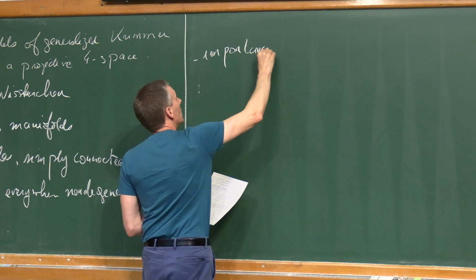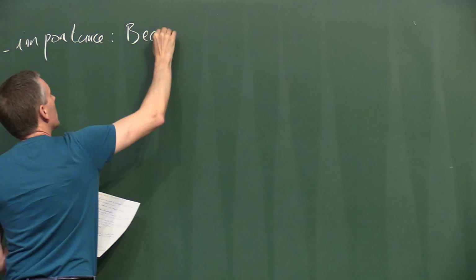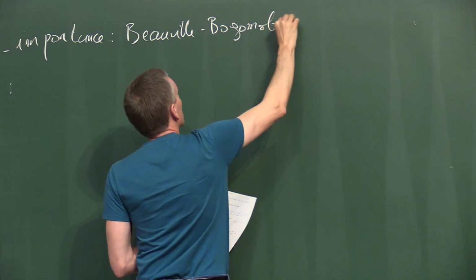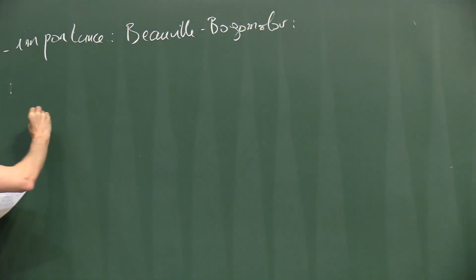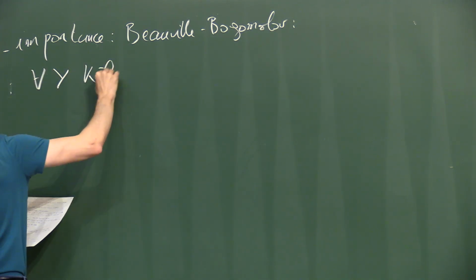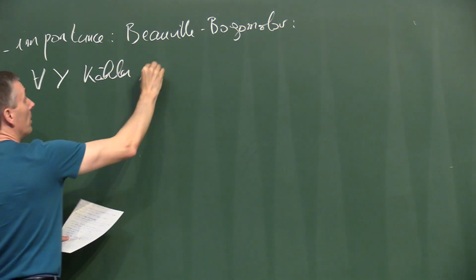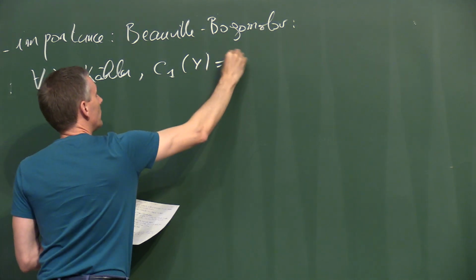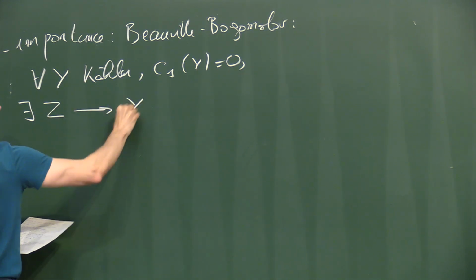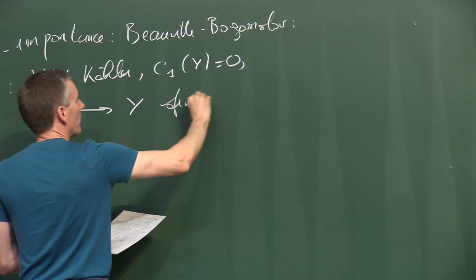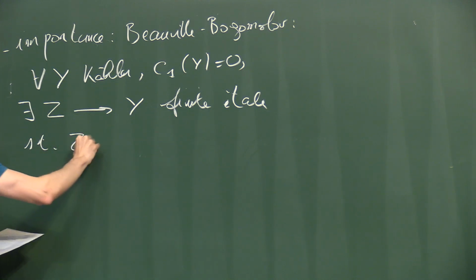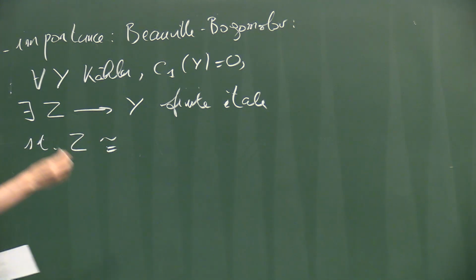So the importance comes from the Beauville-Bogomolov theorem, which says that for every Kähler manifold with a trivial first Chern class, there exists a finite étale cover Z such that Z decomposes into building blocks.